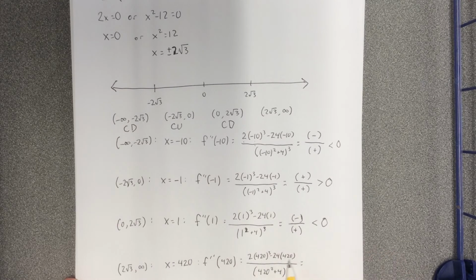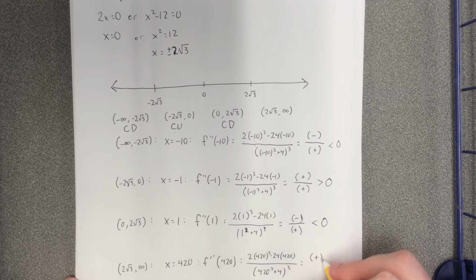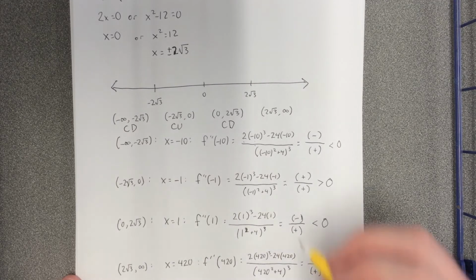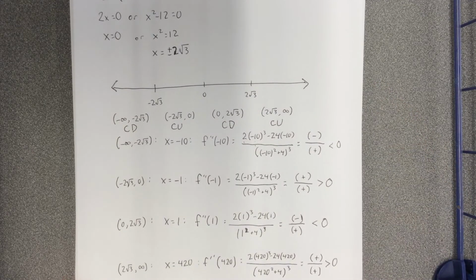I don't know what these two numbers are, but I know that 420 cubed is way bigger than 24 times 420, so that's going to be a positive numerator. Positive numerator, positive denominator means that we have a positive value. So with that in mind, on this interval, we are concave up.